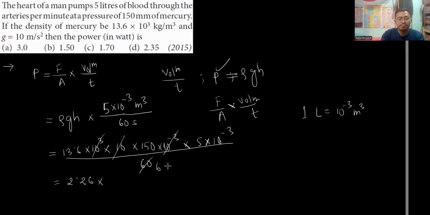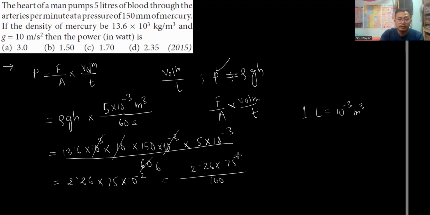Okay, 2.26 into 15 into 5, that is 75. Into the powers of 10, 10 to the power minus 3 twice gives 10 to the power minus 2, so it is equal to 2.26 into 75 by 100.